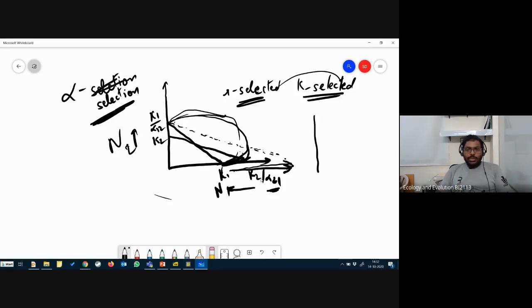Another thing, not necessarily for increasing the competitive ability. See, again, we are thinking that this isocline always has to be straight. But suppose the competitive abilities themselves are density dependent. Your alpha 1,2s and alpha 2,1s themselves change based on the density.